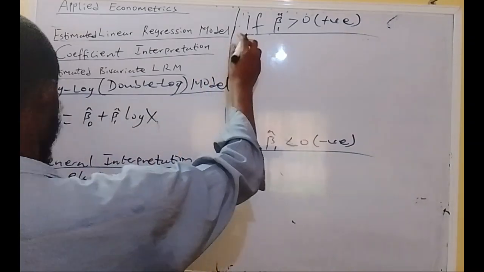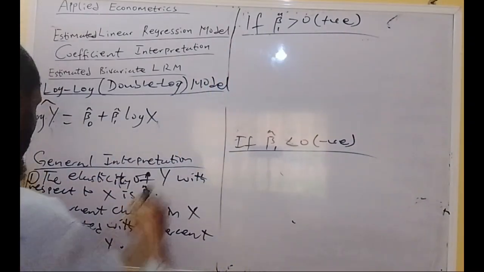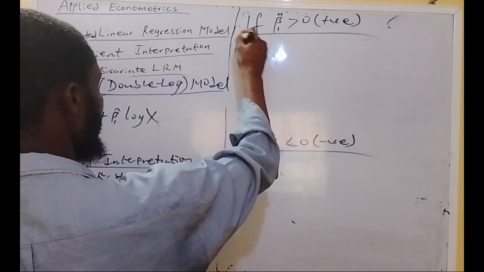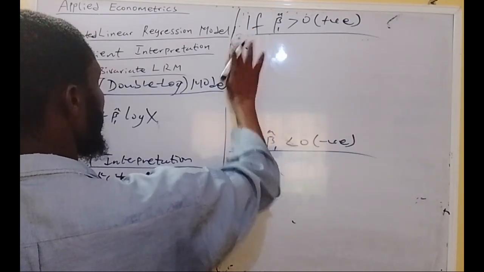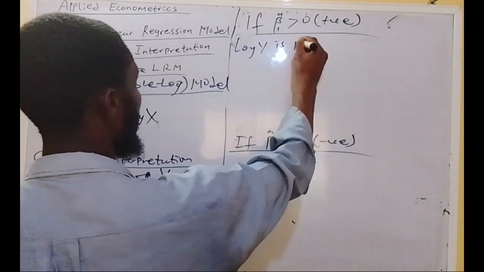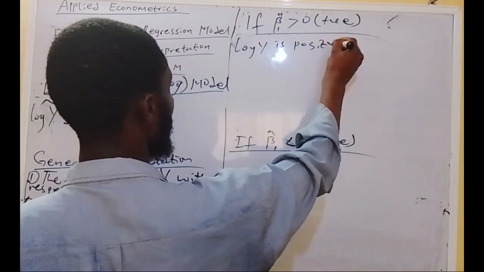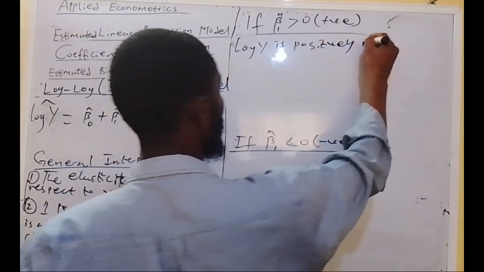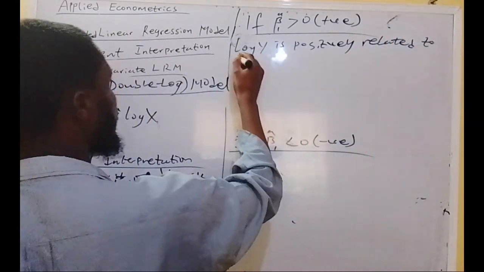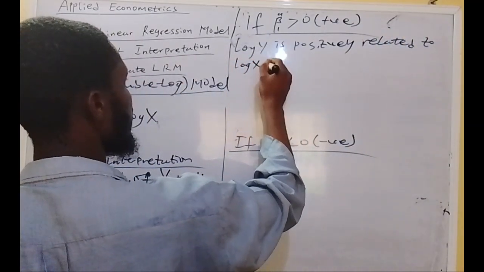What is going to change is the direction of the interpretation. In this case, we say log of y is positively related to log of x.